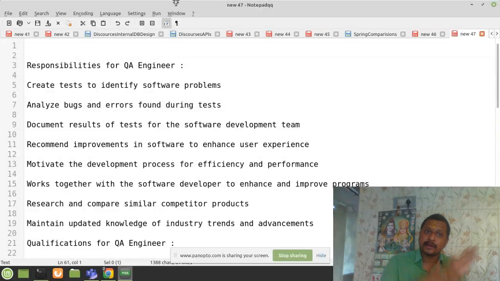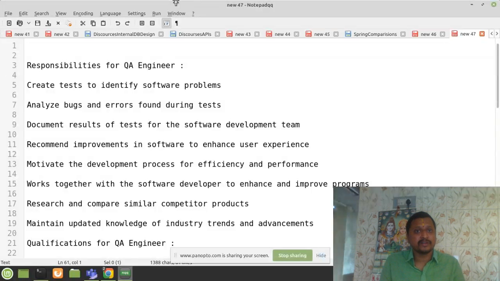Then the QA engineer also must have the knowledge of what things are updated in Java 8. He needs to maintain updated knowledge day to day of industry trends, technologies, or any advancement. That means previously we had the login form, and after that the registration form.